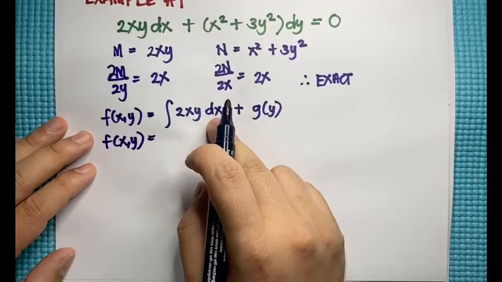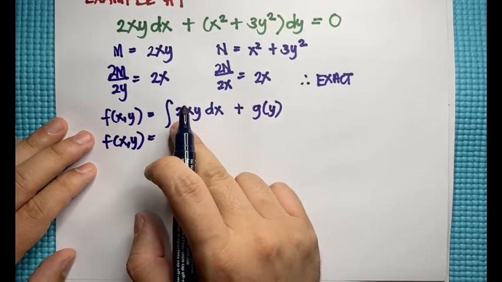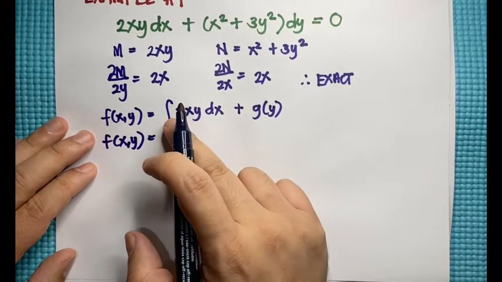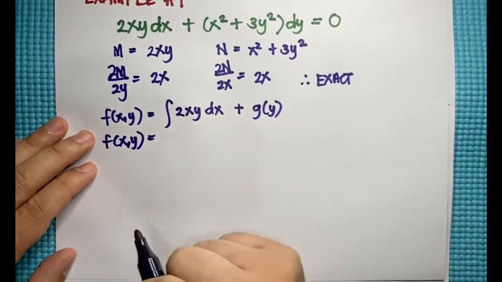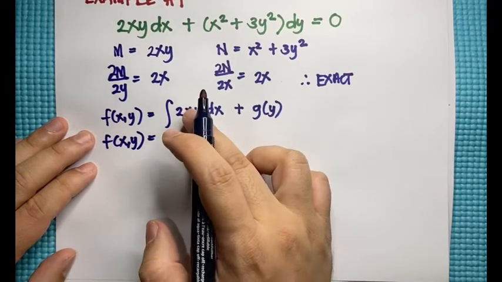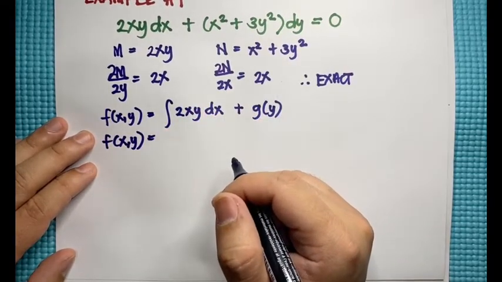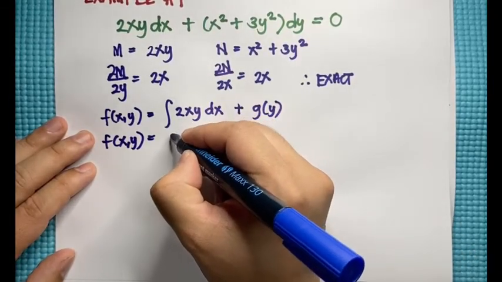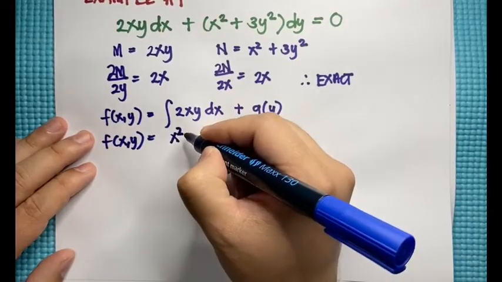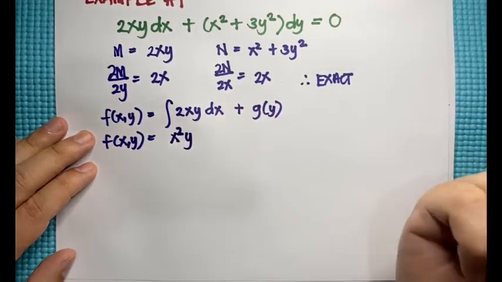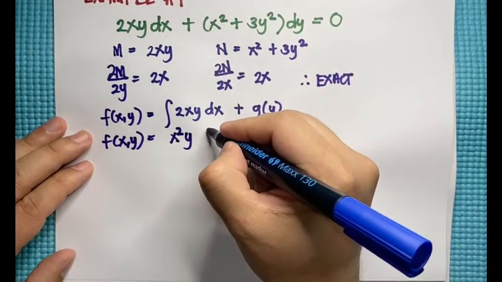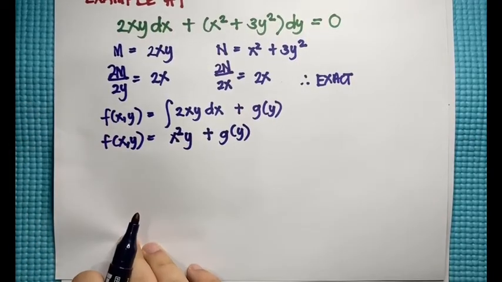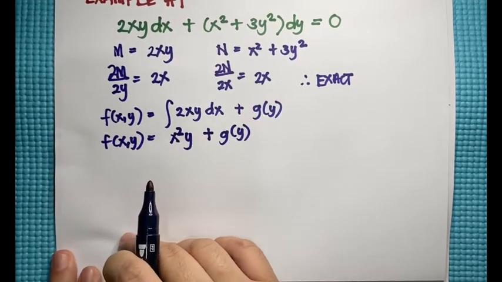Since the differential is dx, I am going to integrate this one with respect to x, and 2y is considered to be constant. So the integral of x dx is x squared all over 2. That's giving us x squared multiplied with y, and then plus g of y.